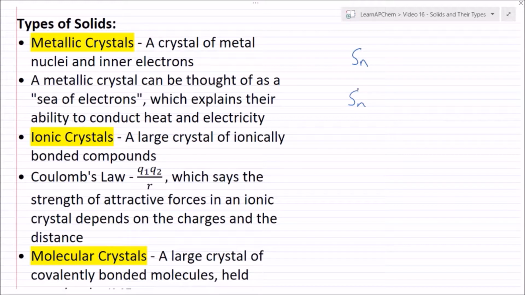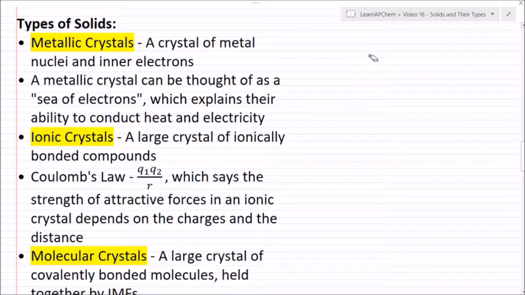Now this crystal can be thought of as a sea of electrons, because the valence or outer electrons of whatever metal you're dealing with, whether it's tin or iron, are thought to be free.